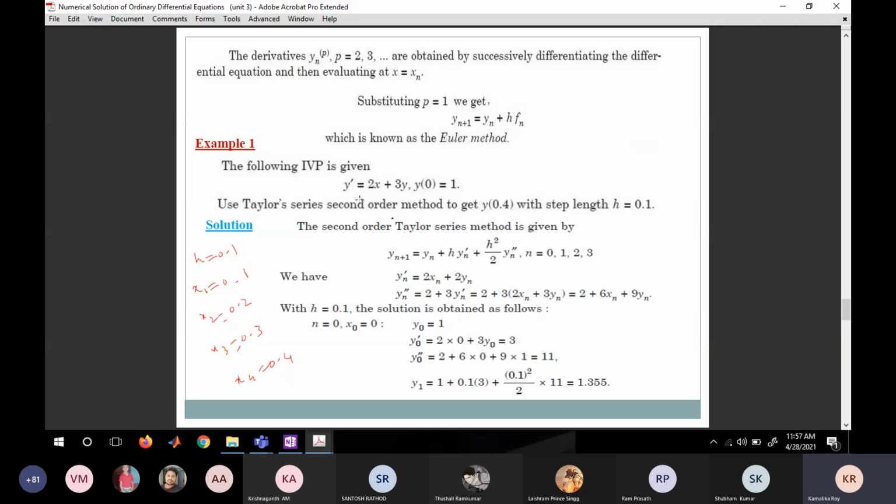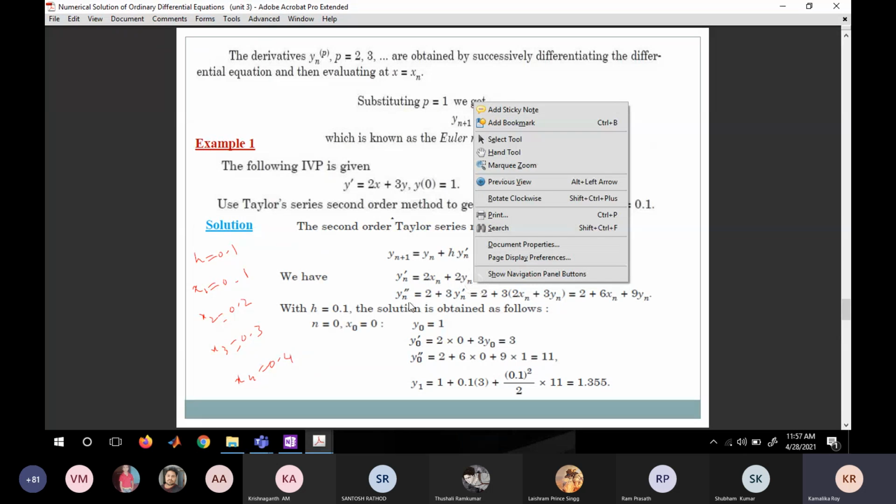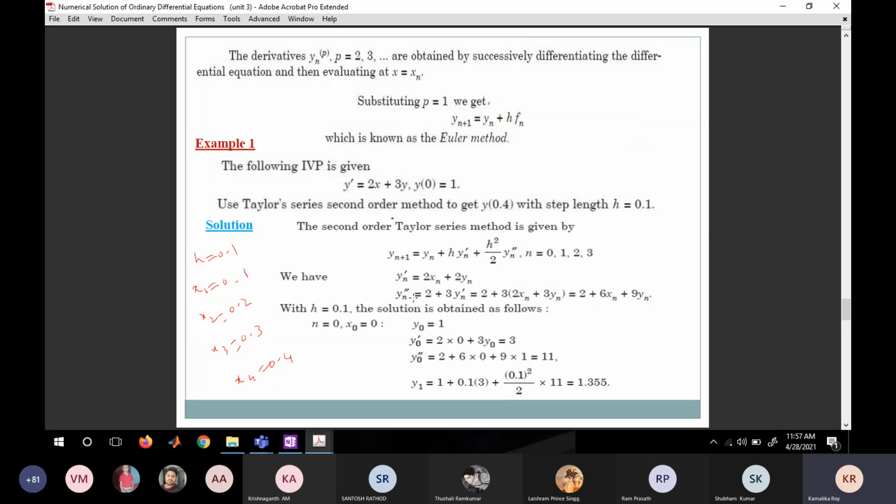Now you know what yn dash is. yn dash is 2xn plus 3yn, since y dash is 2x plus 3y. So y double dash will be 2 plus 3y dash, equals 2 plus 3 into (2x plus 3y), so this will be 2 plus 6x plus 9y.